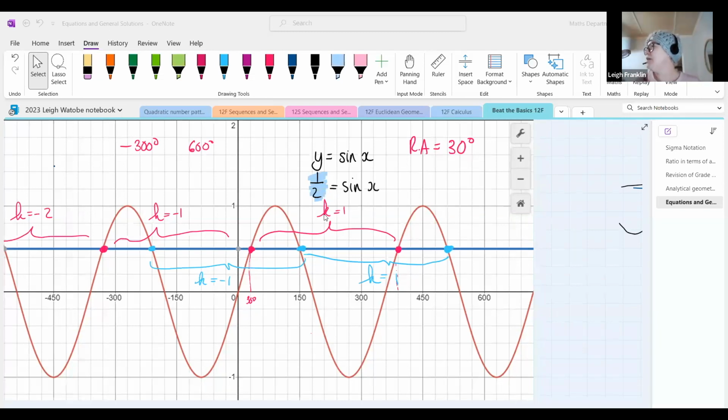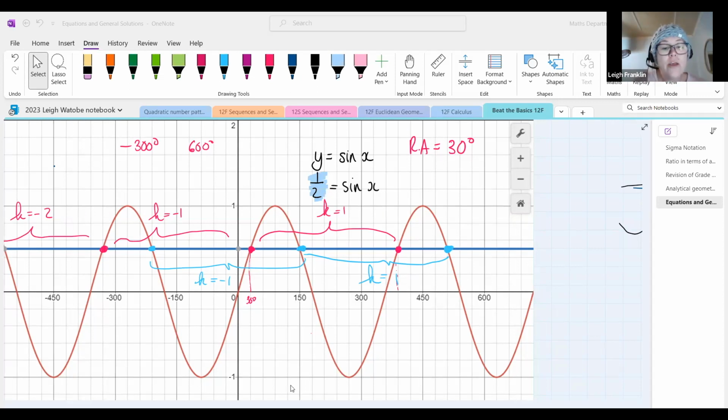And then we could either solve for angles that are bigger by using positive k values, or angles that are smaller or negative by using negative k values. So when you are working with a general solution, it is allowing you to work along the curve of the graph to find the solutions that you want.